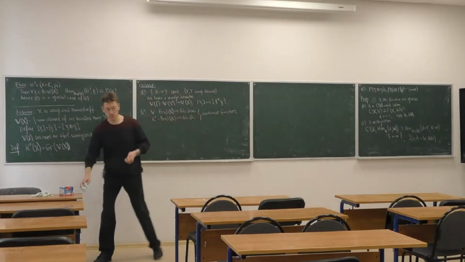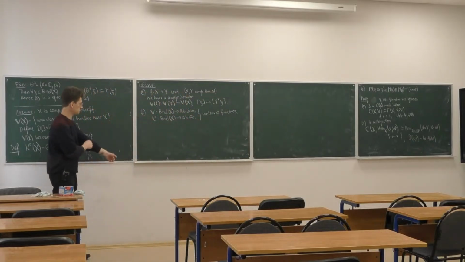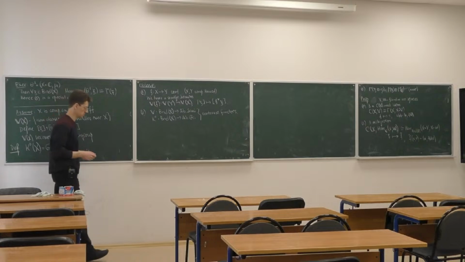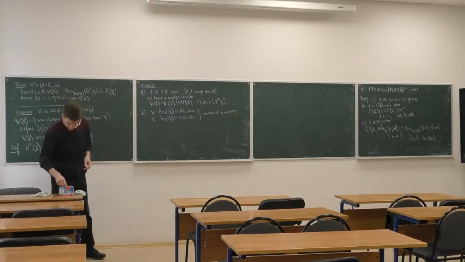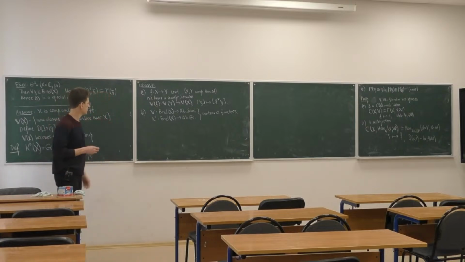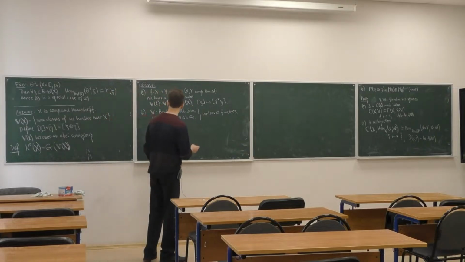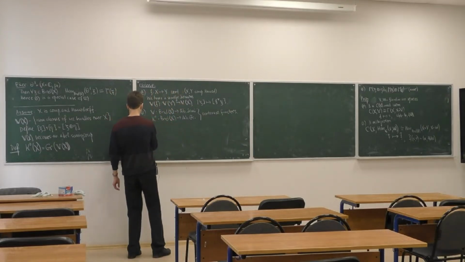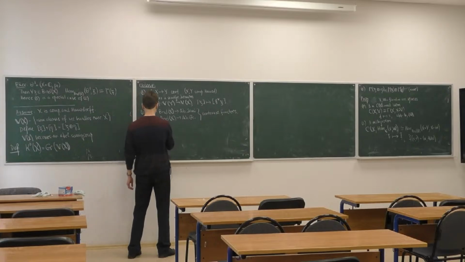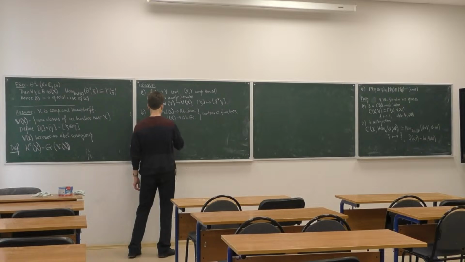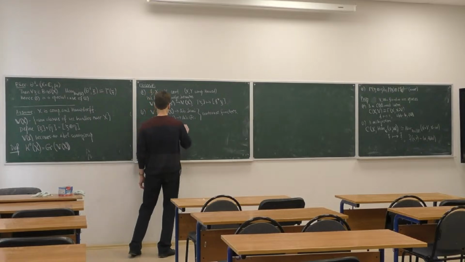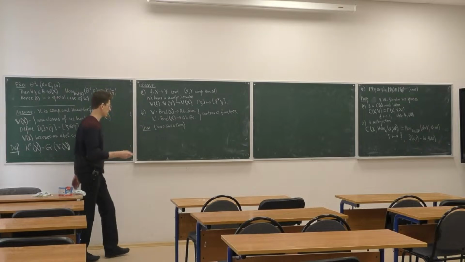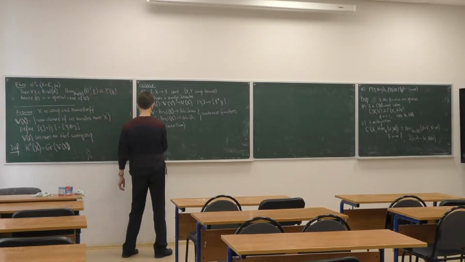Let's now discuss a relation between topological K0 and algebraic K0, which was defined at the previous lecture. The relation is given by the following fundamental result, which is usually referred to as the Serre-Swan theorem. So again, we assume that X is a compact Hausdorff topological space.